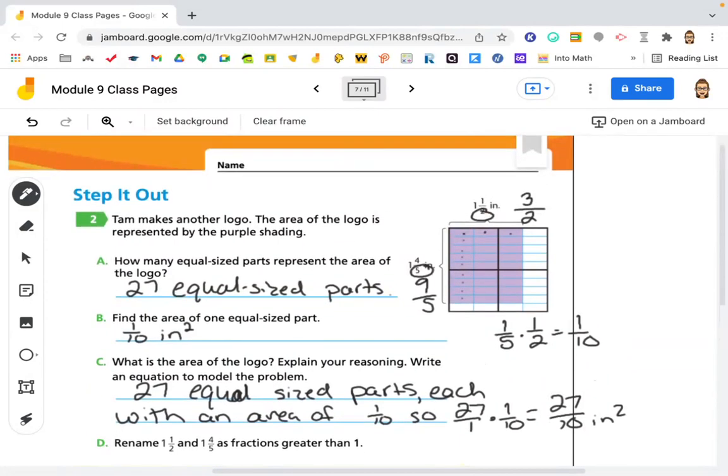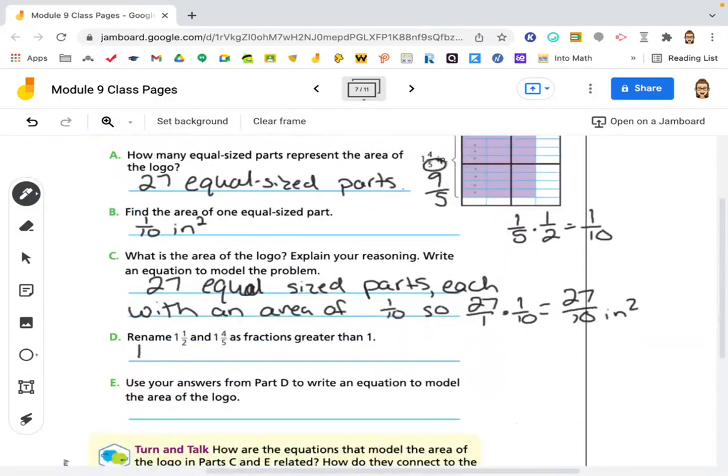Using this picture, we've already done that. So we have 1 1/2 is equal to 3 halves, because 1 times 2 is 2, plus 1 is 3. And then we have 1 4/5 equals 9/5, because 1 times 5 is 5, plus 4 is 9.